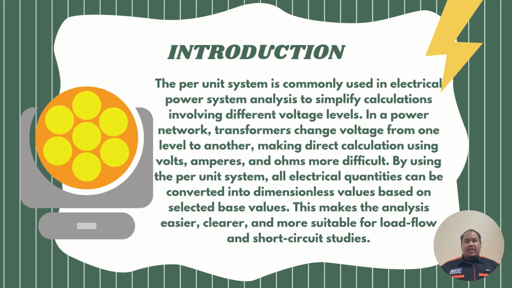If we calculate everything directly using volts, amperes, ohms, and MVA, the calculation can become more difficult and confusing. Therefore, the per unit system converts these electrical quantities into dimensionless values based on selected base values. This makes the analysis easier, clearer, and more suitable for load flow and short circuit studies.